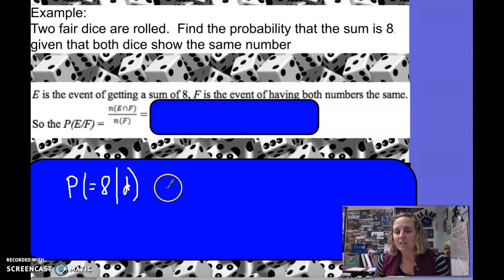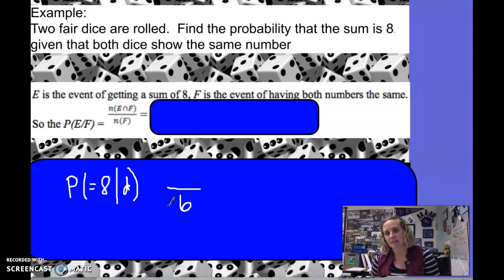Well, there's only 6 doubles: 1, 1, 2, 2, 3, 3, 4, 4, 5, 5, 6, 6. So how many of them add up to 8? 4, 4. So we have a probability of 1/6 once we know that we are only looking at the doubles, which one adds up to 8. So you don't have to look at all of them that add up to 8, just the doubles. So the conditional probability is a way to lessen that value of total.